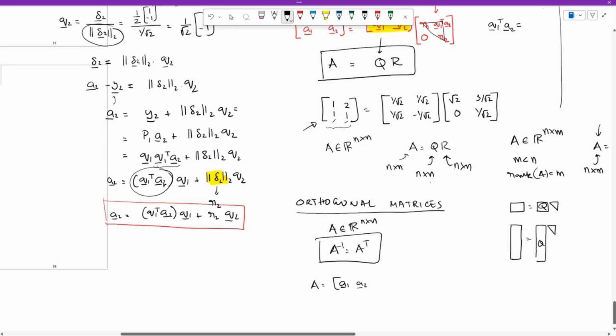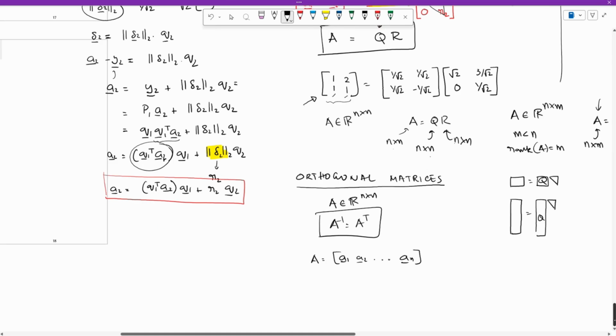So you have A1, A2, ..., AN. Here, if you take any Ai and you take the transpose of that column with itself, this will always be 1. That means the columns all have length 1 according to the Euclidean norm.